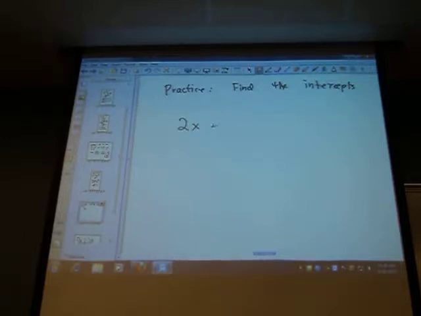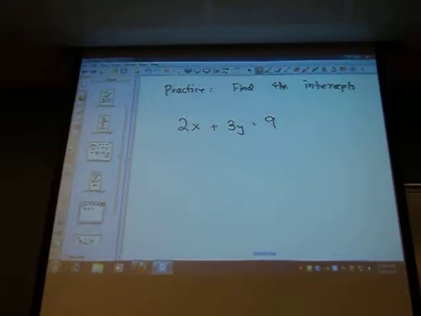Let's say 2x plus 3y equals 9. Alright, so go back to your notes and look at what we said to do to find the intercept. We're going to try to do that. Okay?